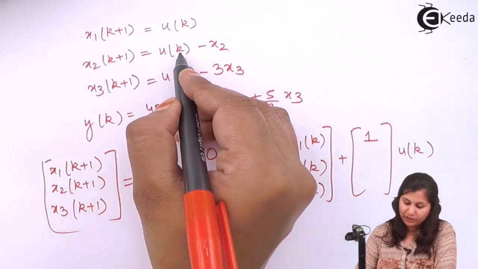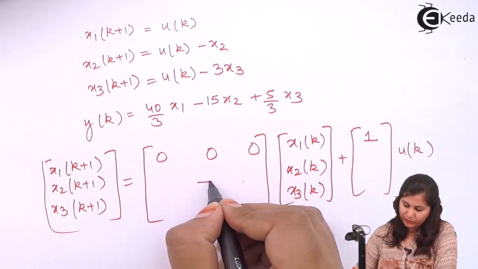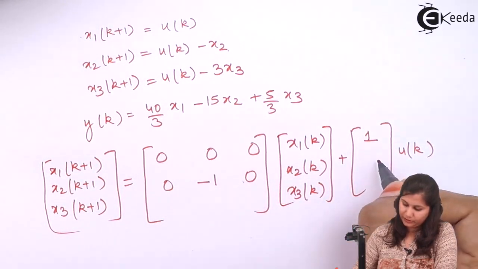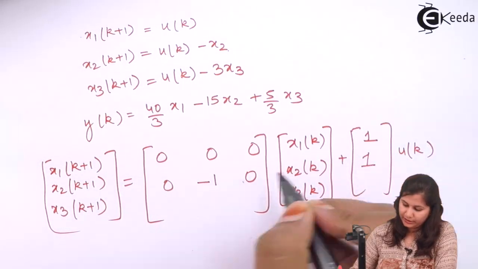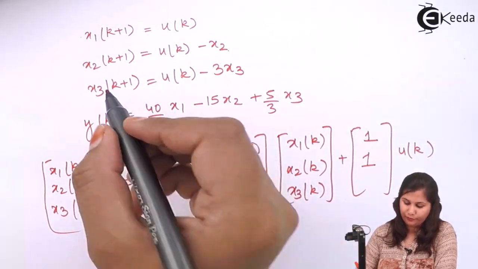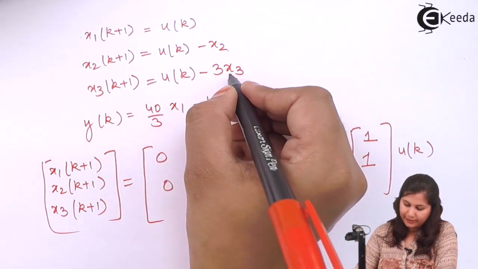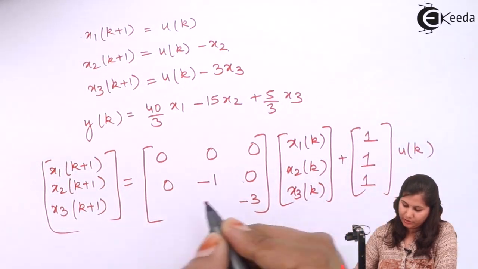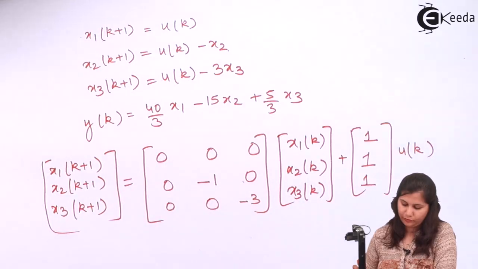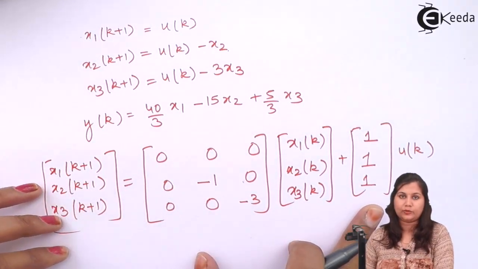Then x2 k plus 1 is uk minus x2, so the x2 coefficient will be minus 1, uk coefficient is 1, and x1 and x3 coefficients will be 0. x3 k plus 1 has coefficient minus 3 for x3 and uk is 1, the rest are 0. So this is our state equation.